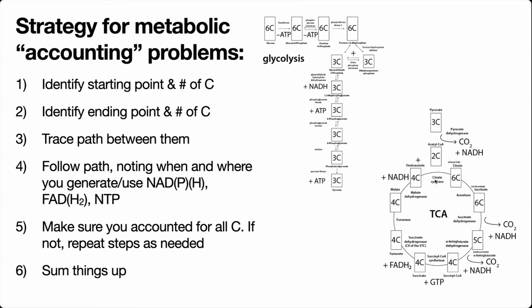You might need to do a partial turn, and in that partial turn, you might be generating FADH2 or NADH. So it's not just enough to think about the number of carbons. You need to actually think about the position in the pathway and trace the path of that molecule as it interconverts between the molecules. Sum things up, make sure it makes sense, and pat yourself on the back.